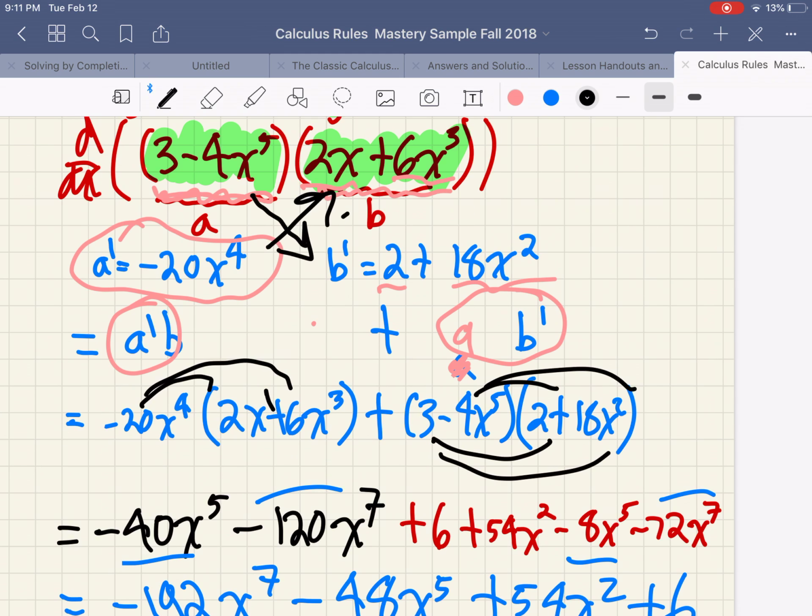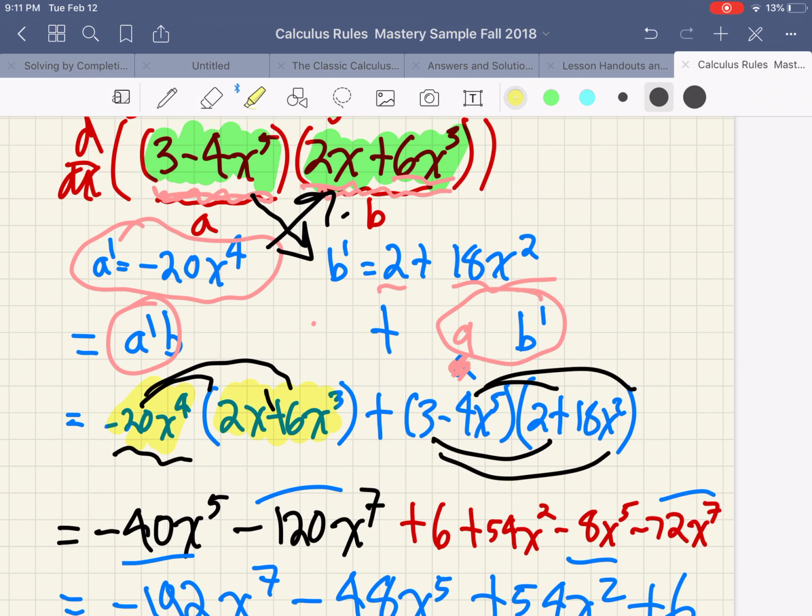Okay, so those arrows are pointing towards the two things that are being multiplied together. So a prime, we figured out already, is negative 20x to the 4th. And then I have to multiply negative 20x to the 4th, which is a prime, by b.